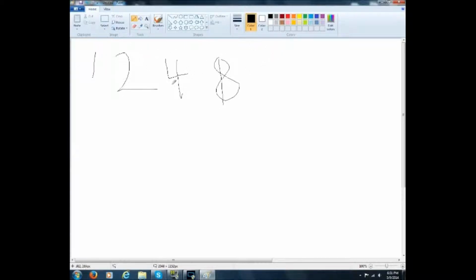That's 4-bit. For this, though, I'm going to use 8-bit. It just basically doubles like this. Sorry, I don't have very good handwriting on Paint.